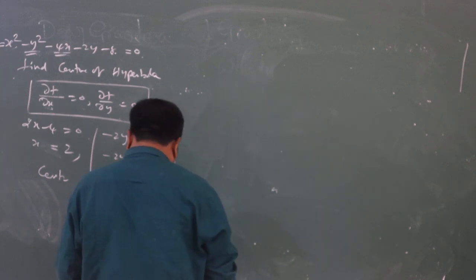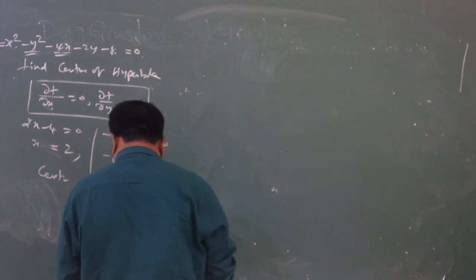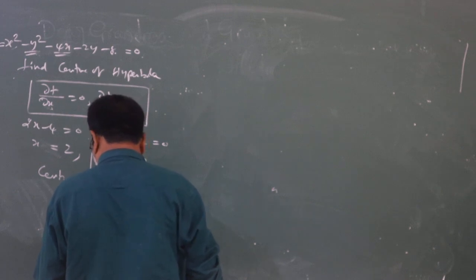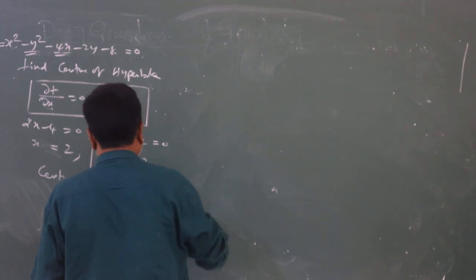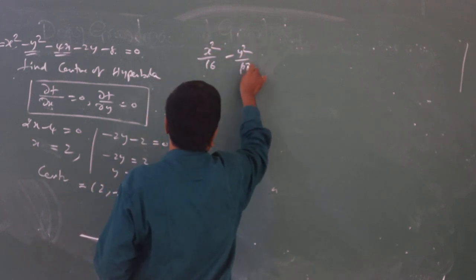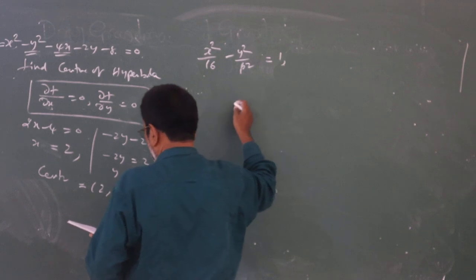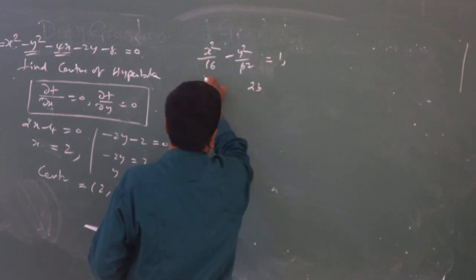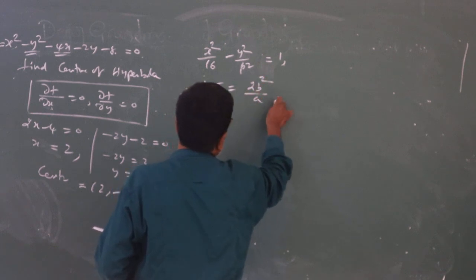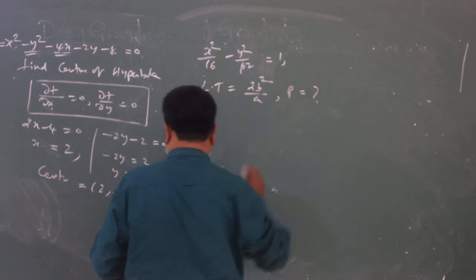Now it is given like this: x square by 16 minus y square by p square equals 1. The length of latus rectum is 2b square by a, given as 4.5. Then what is p? That is the question.